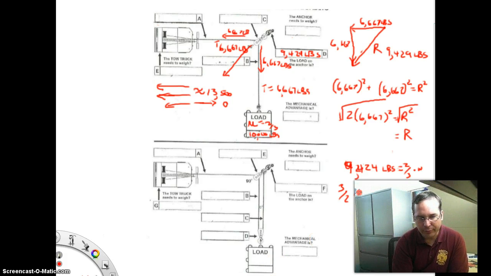So my calculator won't load, but I can figure this out longhand. 9,424 times 1.5. 5 times 4 is 20, carry the 2. 10 plus 2 is 12, carry the 1. 21, carry the 2. 45, 47, right? 0, add another 0, and then it's just going to be this number repeated.